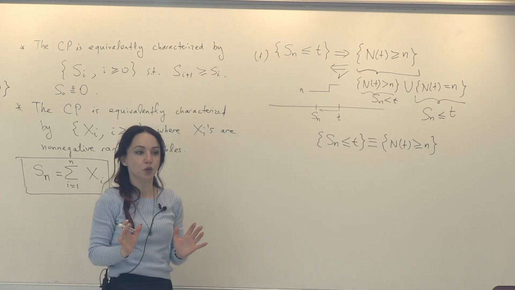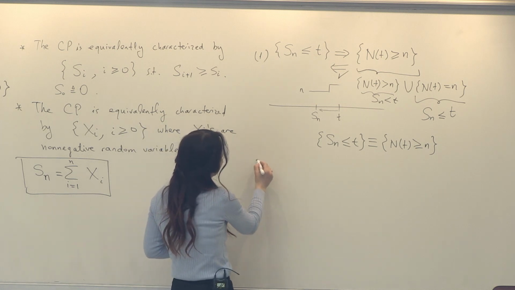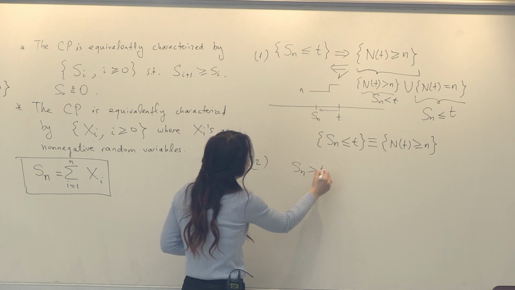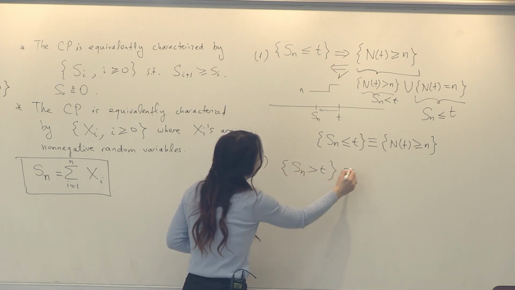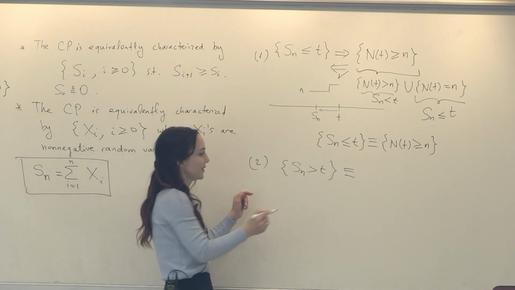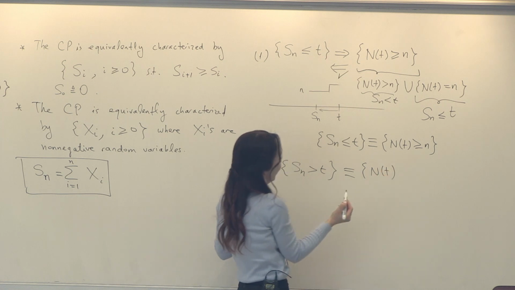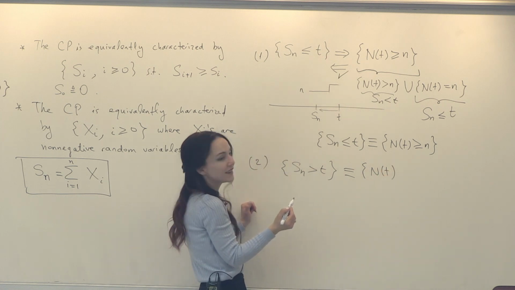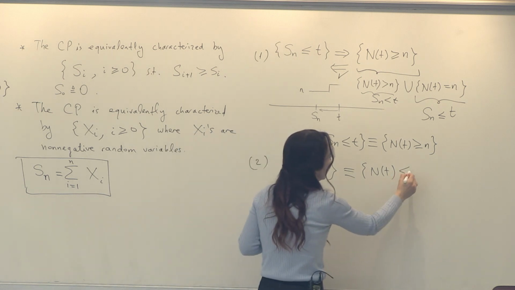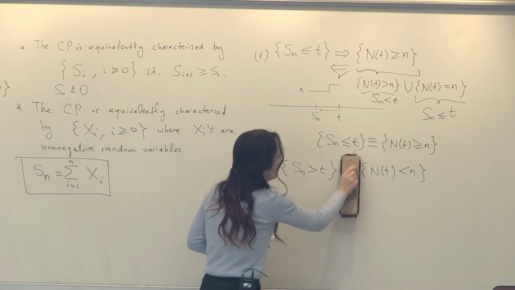For number 2, I claim that Sn bigger than t is equivalent to, do you want to complete the rest? N of t bigger or smaller than n? How can I argue that this is true?